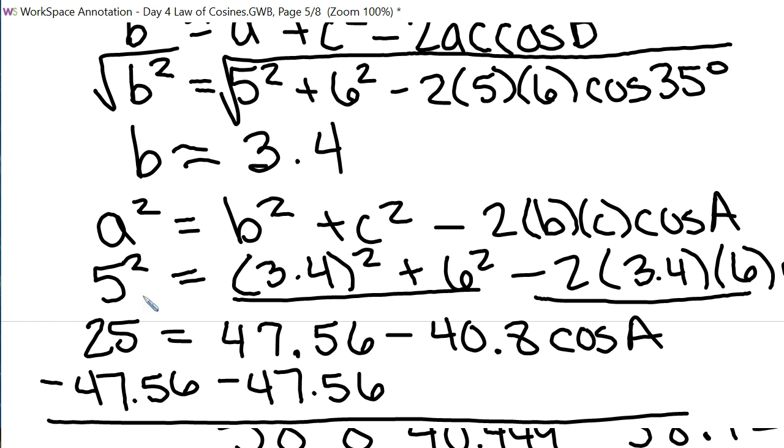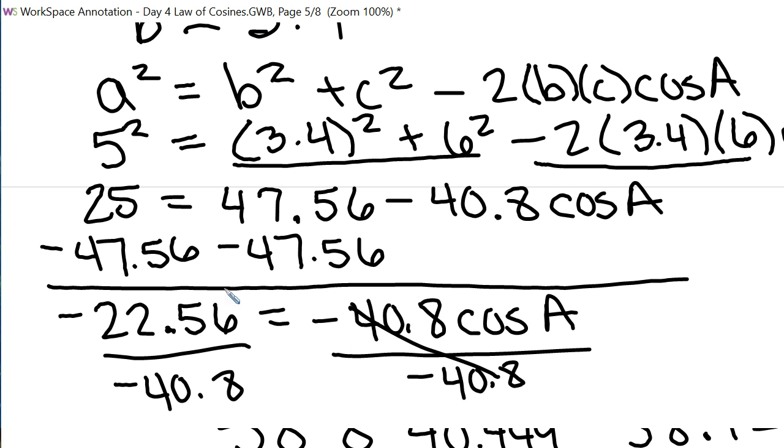Negative 22.56 equals negative 40.8 times the cosine of angle A. Divide both sides by negative 40.8. And cosine is by itself. Make sure in the calculator you do second cosine of that fraction.